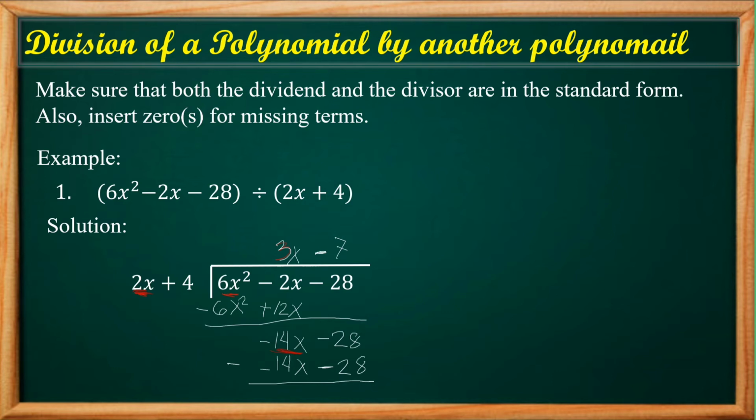Negative 28 minus negative 28, the answer is 0. Therefore, 6x squared minus 2x minus 28 divided by 2x plus 4, the quotient is 3x minus 7. That is how to divide a polynomial by another polynomial using the division house.